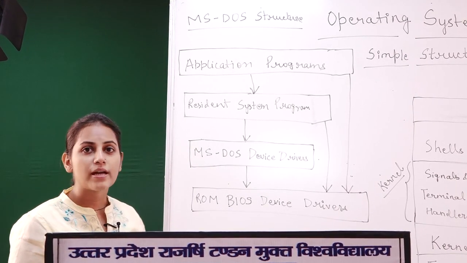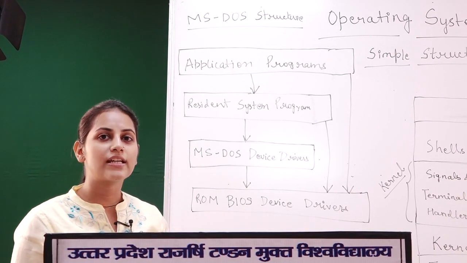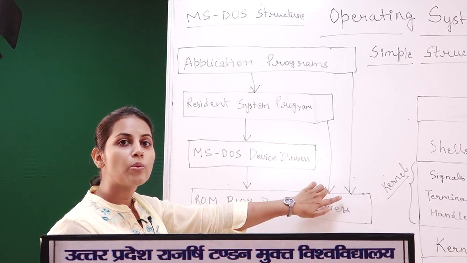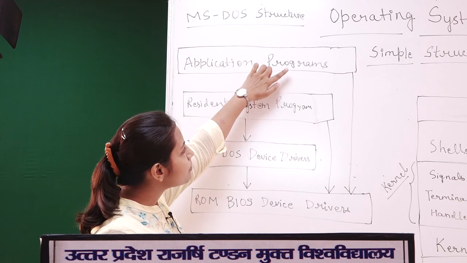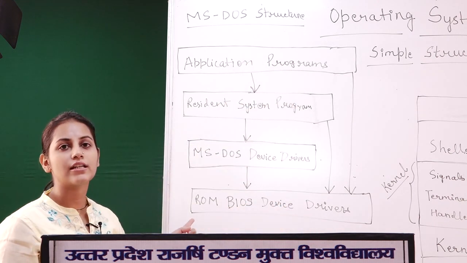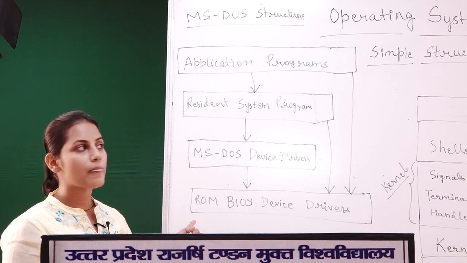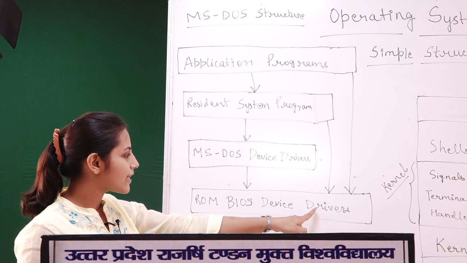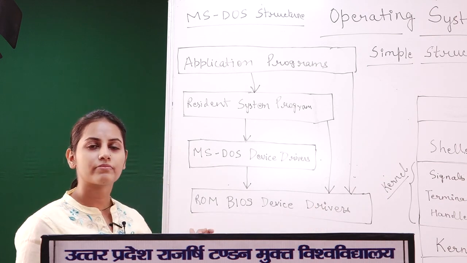However, the most important thing to note here is this part of the figure. We can see that the application programs can directly access the hardware associated with the system. Similarly, the resident system programs can also directly access the system hardware.